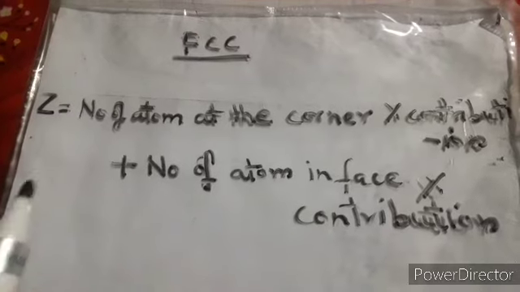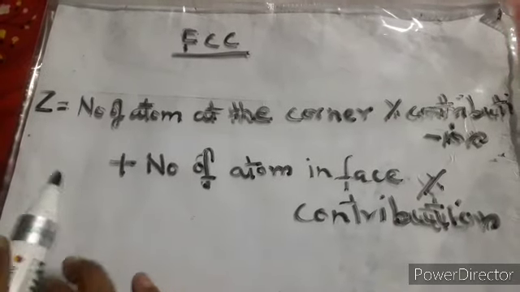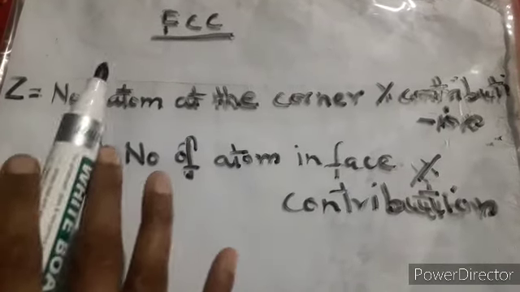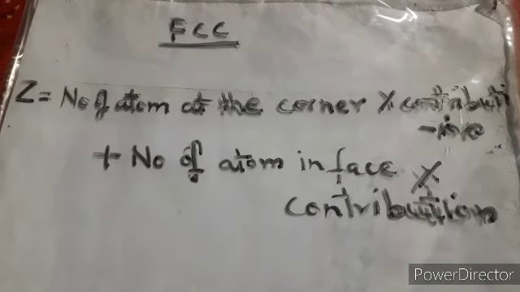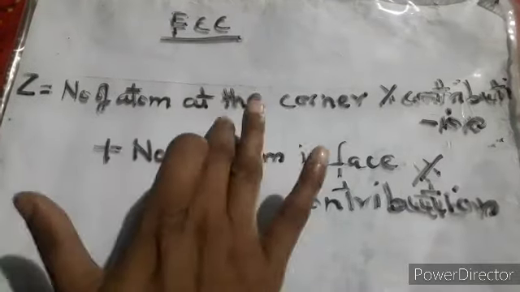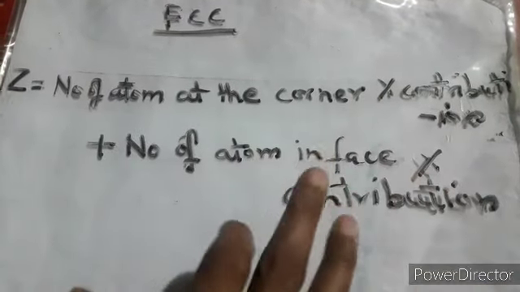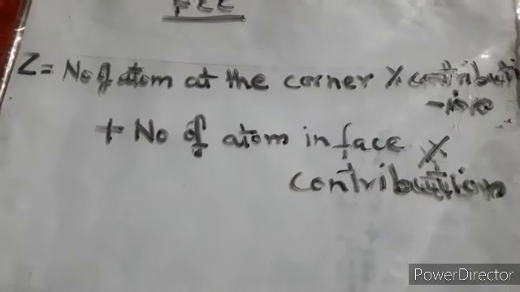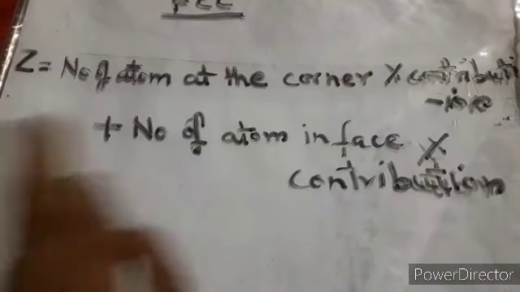Now we are seeing FCC, face centered cubic cell. In this, we are calculating Z, the number of atoms that a particular unit cell can hold. So what is the formula? Number of atoms at the corner into contribution. This will be the same for every one of the 3 unit cells, whether it is BCC, SCC, or FCC.